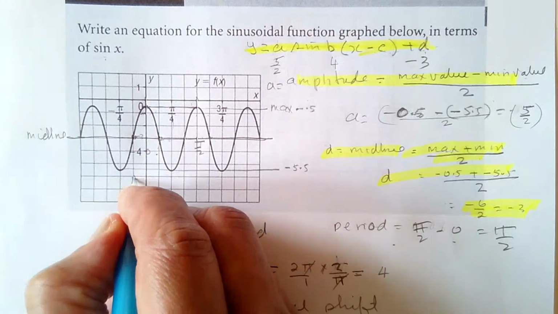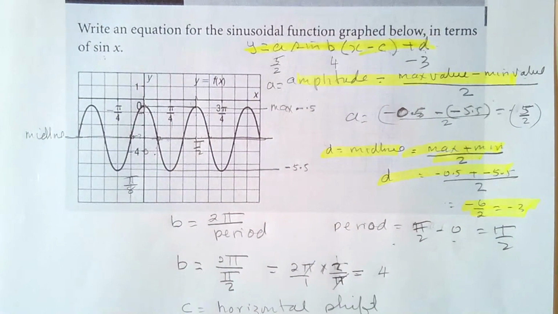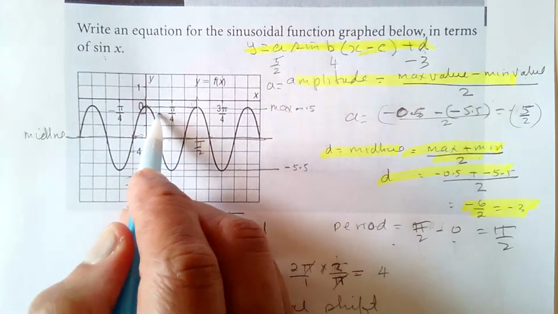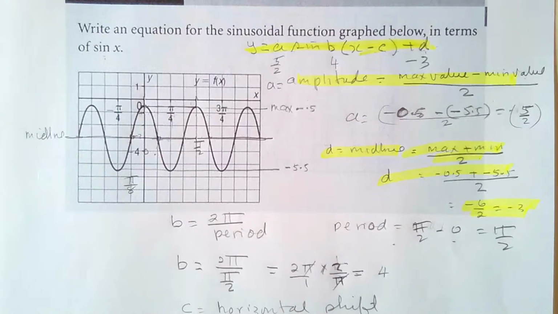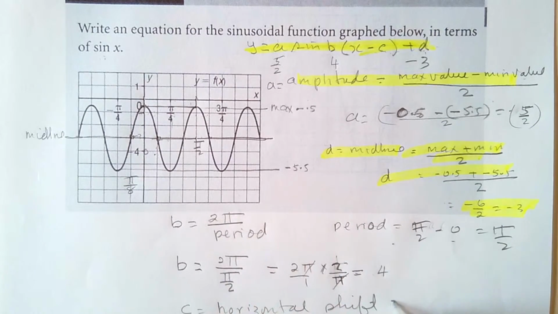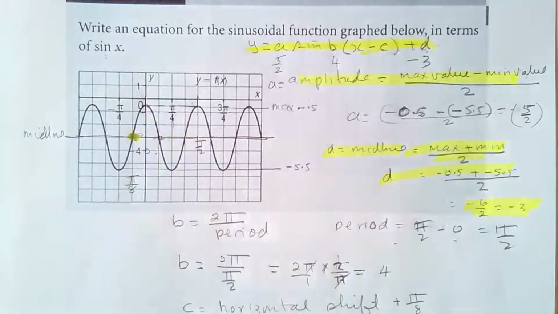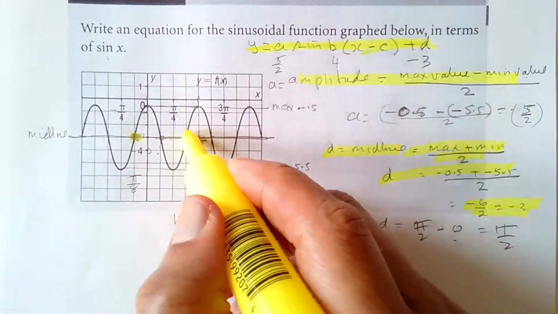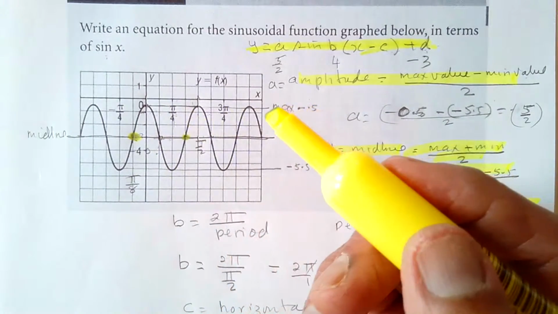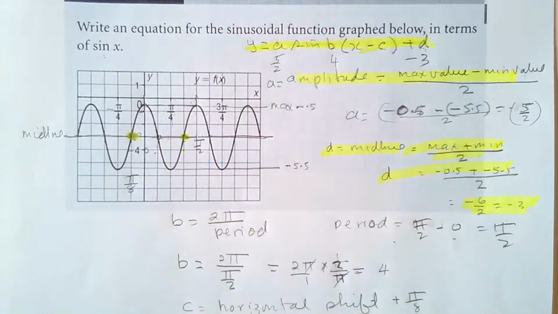Now this is pi over 8, because each one of these grids is pi over 8, because half of a quarter is pi over 8. So the horizontal shift would be positive pi over 8 if you started from here. Now, if you were to start from here, which is a sine, because we need a sine function, this will be 3 pi over 8.